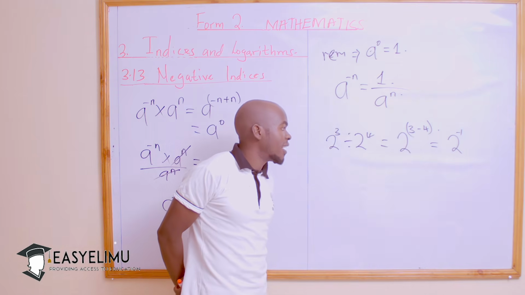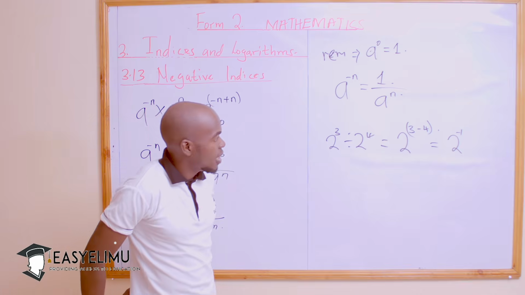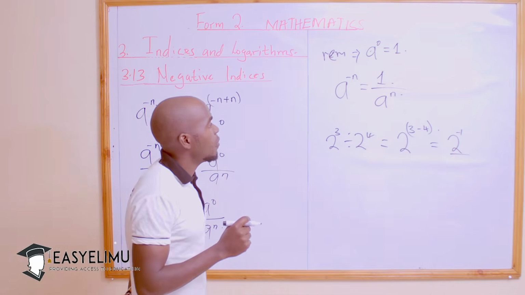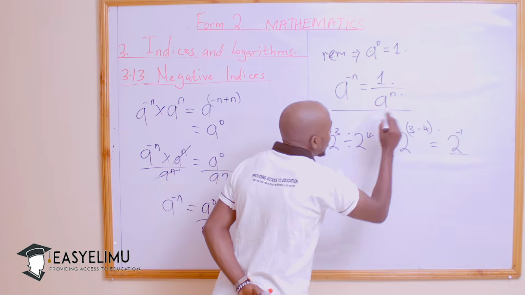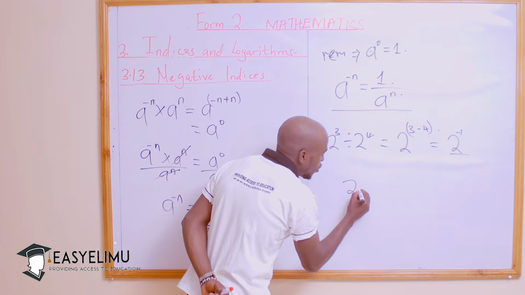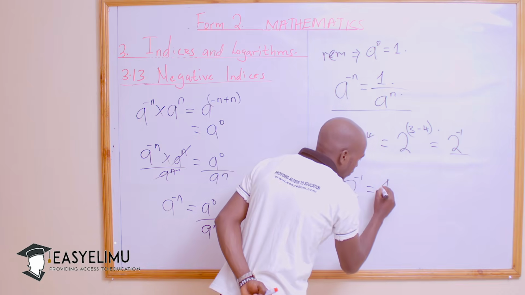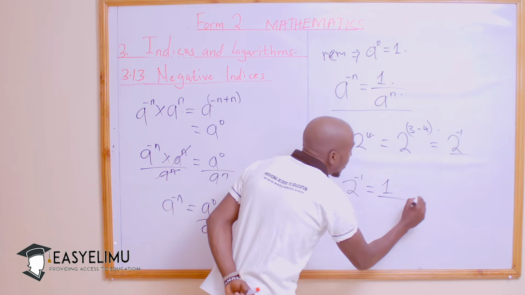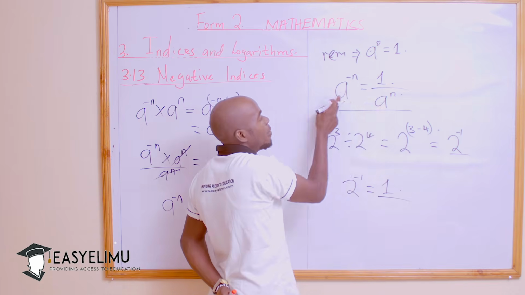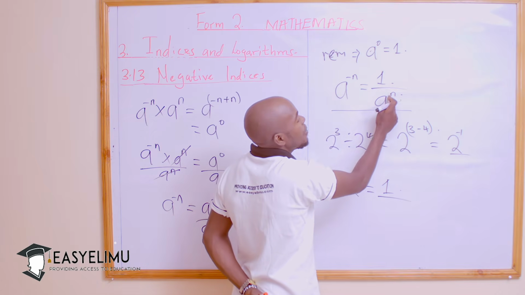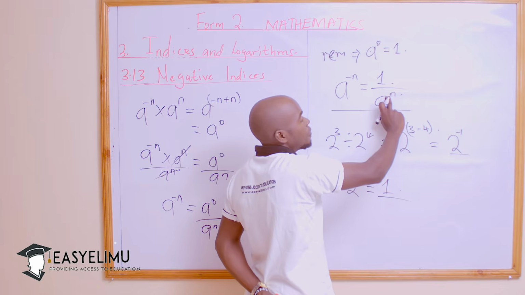If that is the case, remember what we have said. Since we have 2 raised to negative 1, according to this law here, 2 raised to negative 1 is equal to 1 over 2 raised to 1, that is, a raised to negative n without the negative sign.